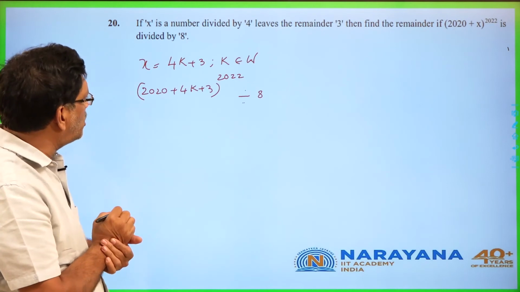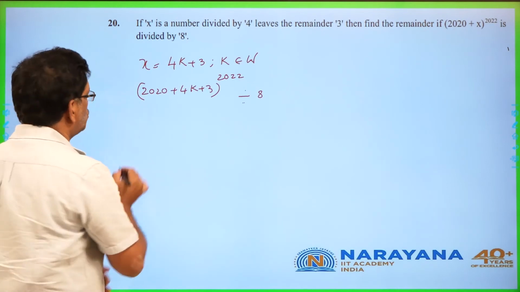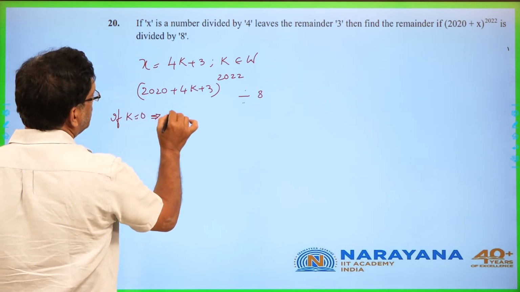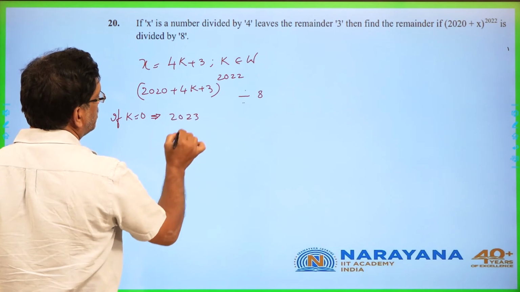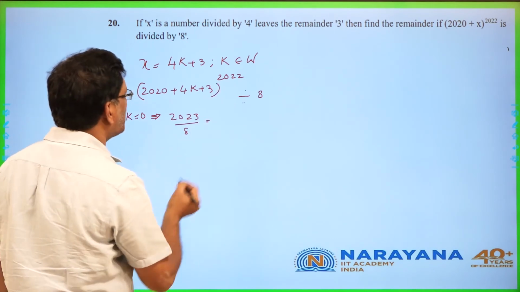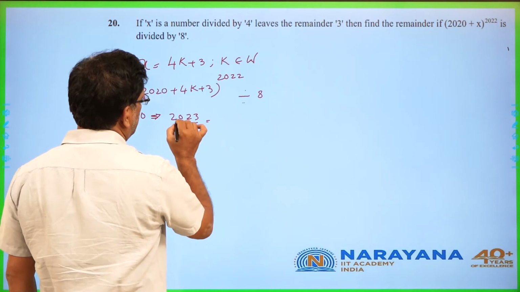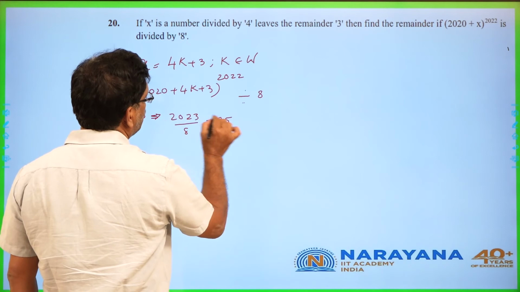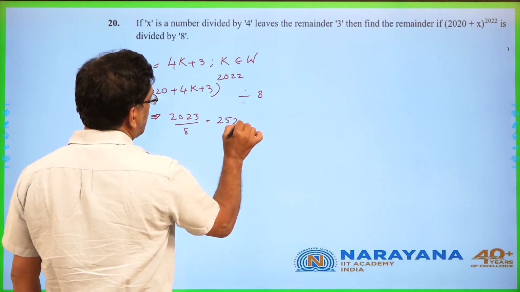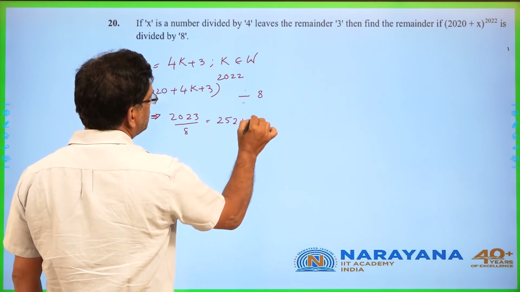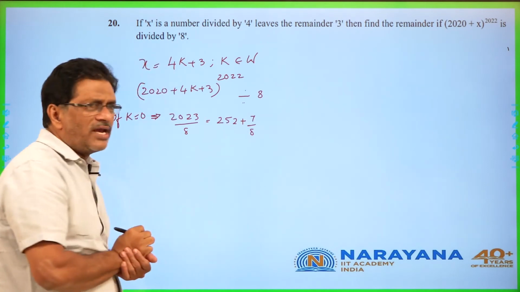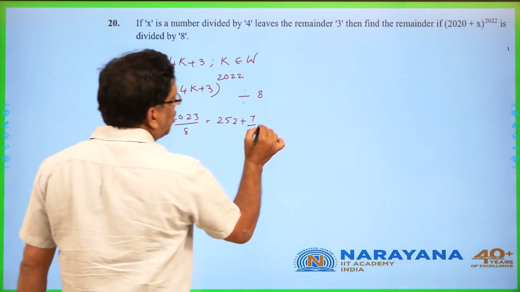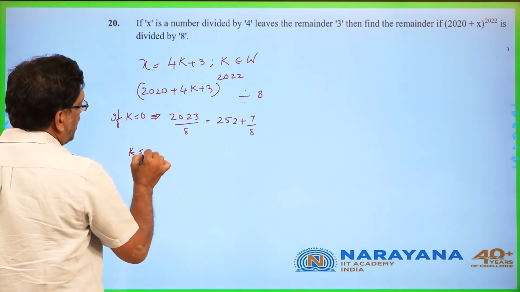That means it is a multiple of 8 plus something you are getting. So let us check for 1 or 2 numbers by putting k equals 0. Then here it is 23. Suppose if you divide by 8, power later on we can consider, it's not a big issue at all. 23 means 2 times 8, then plus 7 by 8. You are getting a remainder 7 in this case. Next, suppose I take k equals 1.